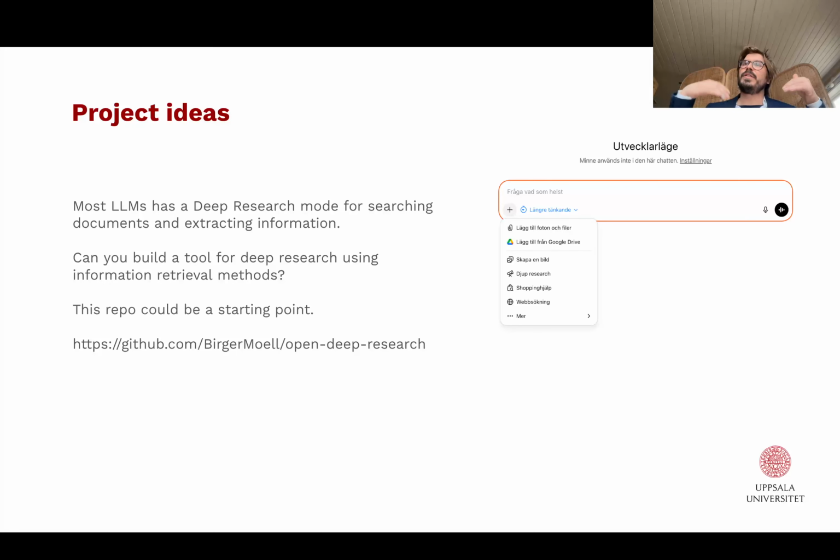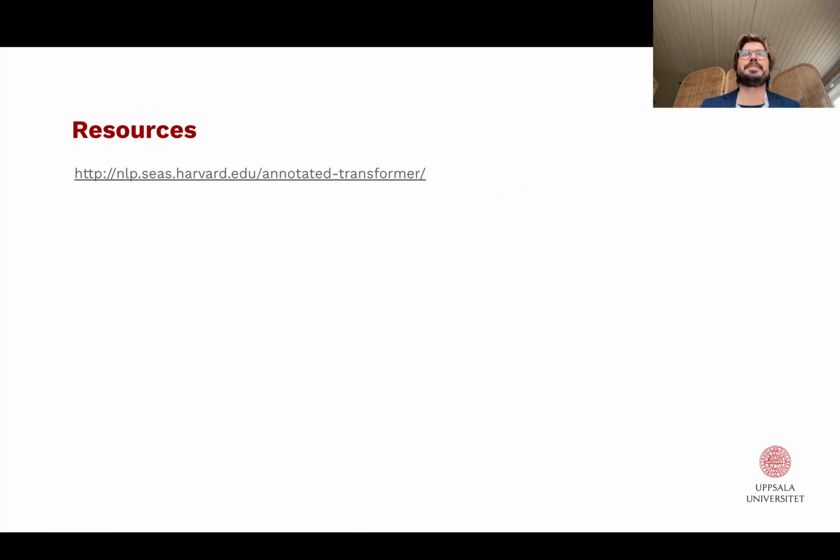Then it searches online for documents and gives you the output. These systems rely on figuring out ways to embed the data so you can search it in a nice way. I think this could be a really cool idea to see how far you can go in implementing this system. In the source code I'm linking, there are the things you need to get started, but you need to figure out a nice way to search this data.